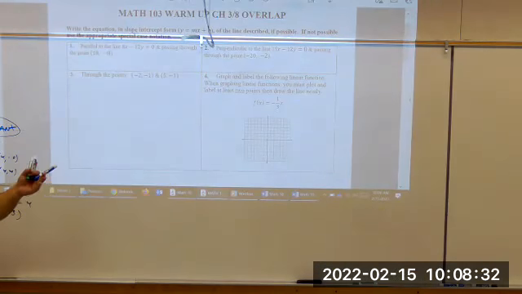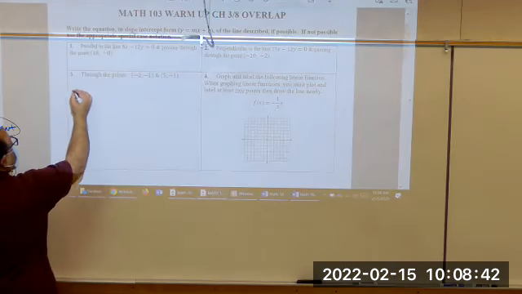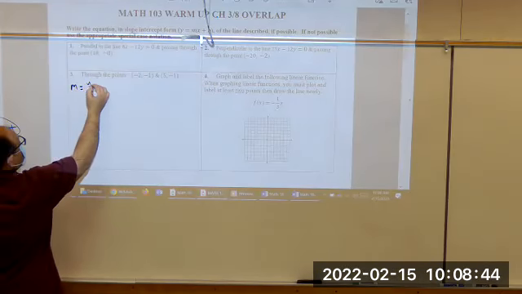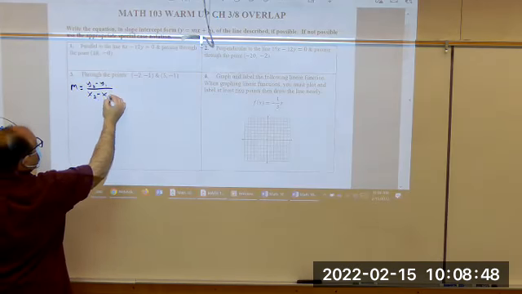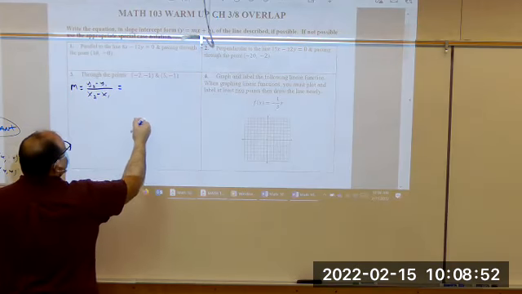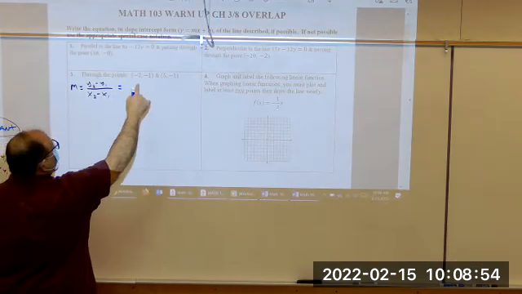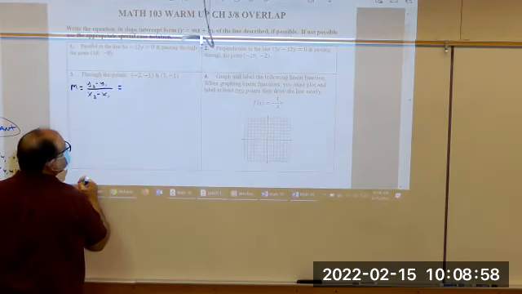Step one, find the slope. You can't write the equation, can't do anything unless you got slope. Slope is equal to y sub 2 minus y sub 1 over x sub 2 minus x sub 1. So I'm going to plug in. You want me to use the first negative 1 or the second negative 1?